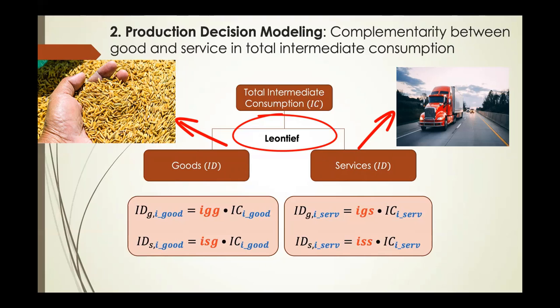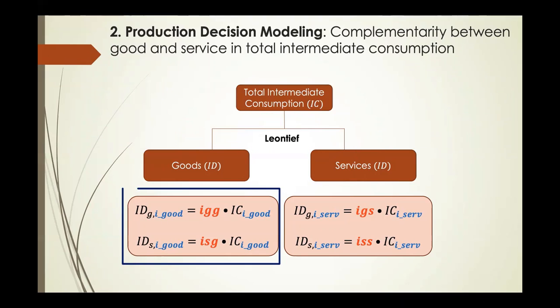The mathematical expressions here at the bottom specify how goods and service input are combined in total intermediate consumption for the good industry on the left and the service industry on the right.